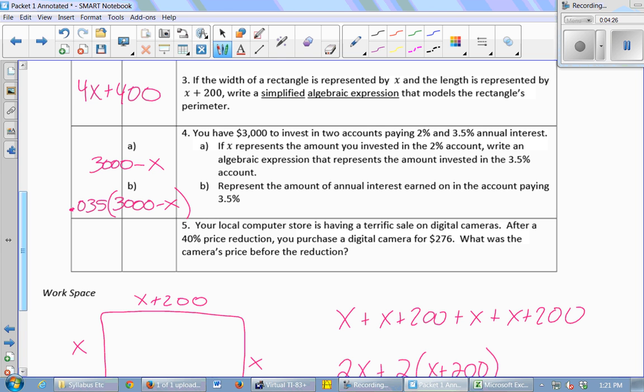It's really, really tempting to take 40% of 276. Why is that the wrong thing to do? Because what you took 40% of was the original price, and we don't know what that is.